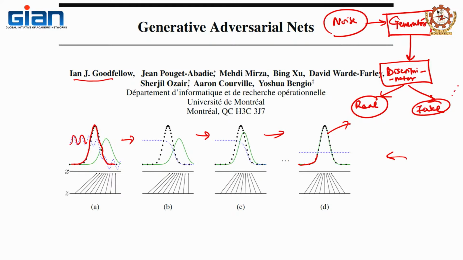If the points are fake, then this information is again fed back to the generator. Accordingly the generator is trained in such a way that it maximizes the ability to generate real data, and this is the approach behind generating faces. So, you have a feature vector and you have a latent vector, and your latent vector tries to match the feature vector. The AI model tries to train itself in such a way that this matching happens.